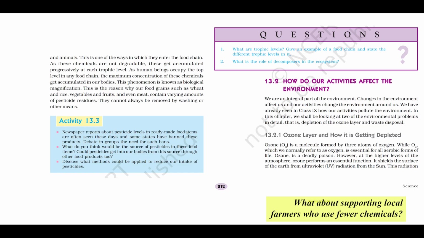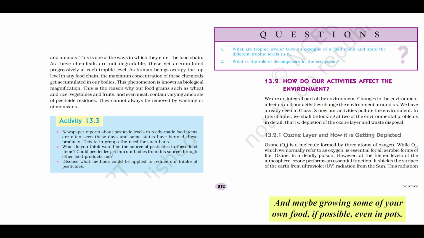Okay. What about supporting local farmers who use fewer chemicals? Excellent point. Supporting farmers using sustainable methods like integrated pest management, IPM, which uses biological controls and minimizes chemical use, encourages better practices. Consumer demand drives change. Diversifying the diet, maybe? So you don't get too much of one specific pesticide if it's high in one food. Another good strategy, eating a variety of foods can spread out potential exposure risks.